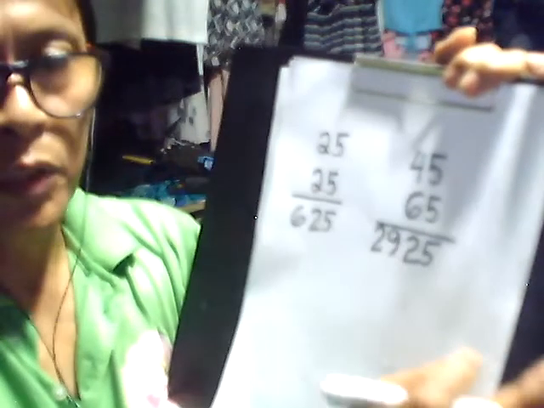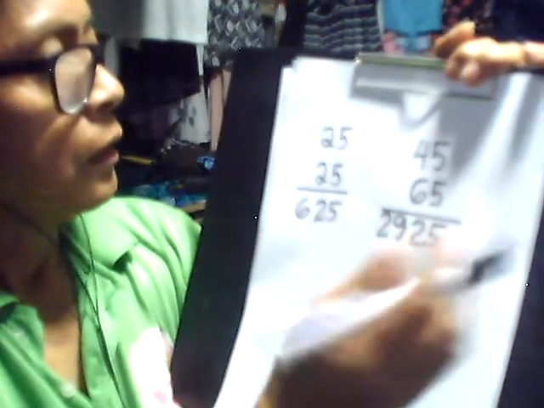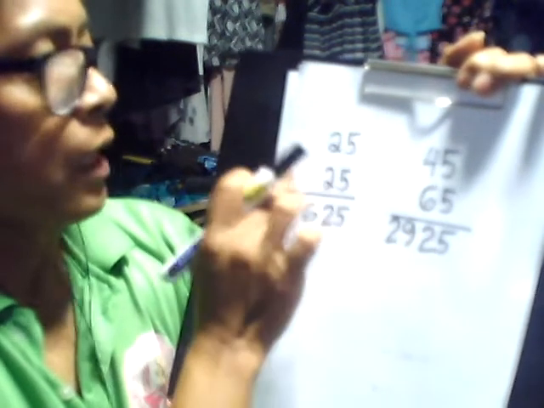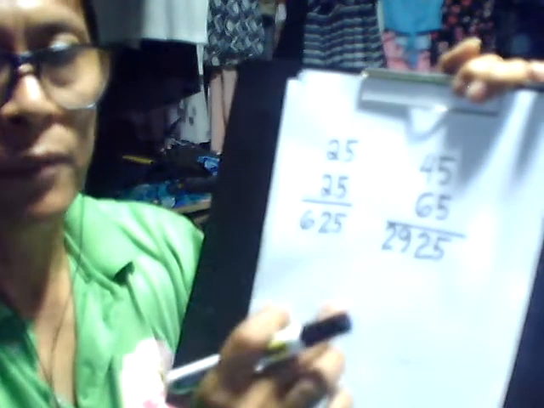In this example, we're going to multiply two-digit numbers, both ending in 5. Let's say 25 times 25 and 45 times 45. For the first one, 25 times 25, it's very easy.